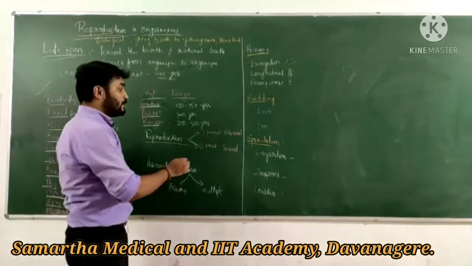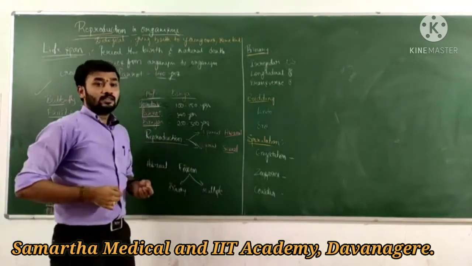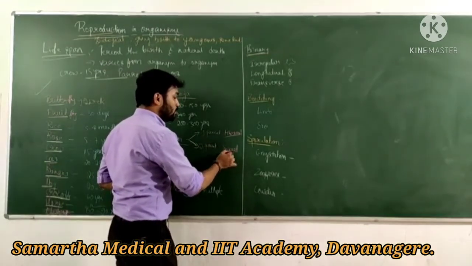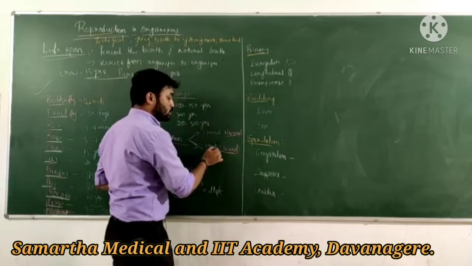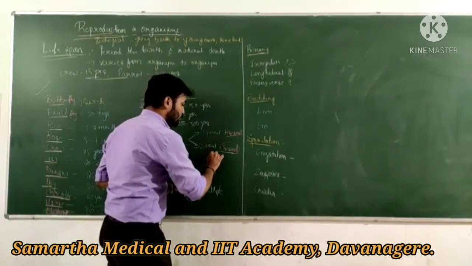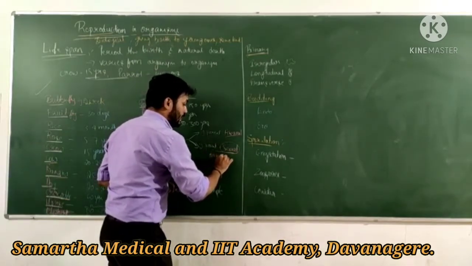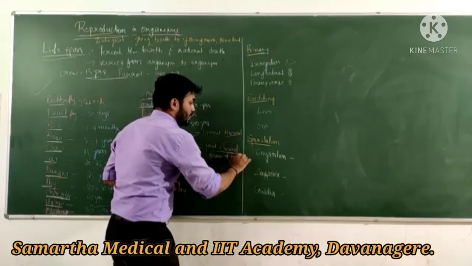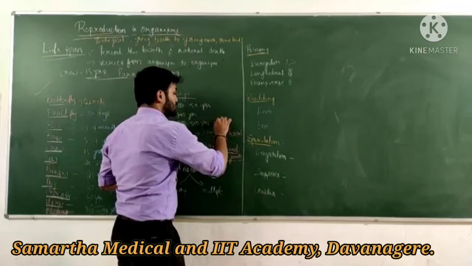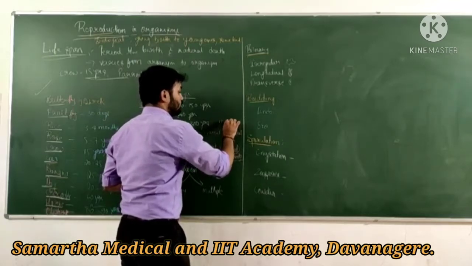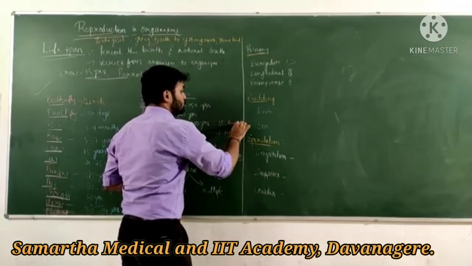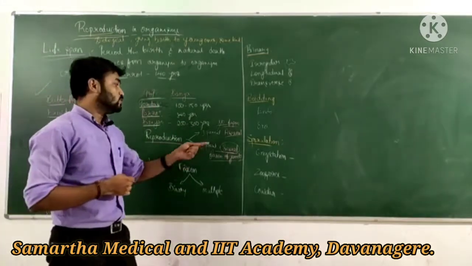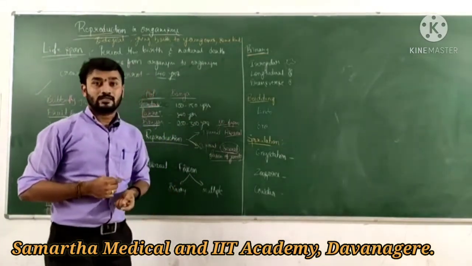Another major difference is the formation and fusion of gametes, both of which occur in sexual reproduction. There will be no fusion of gametes in asexual reproduction. Usually there is no need for formation of gametes at all, and if gametes are formed, there is no fusion of those gametes.